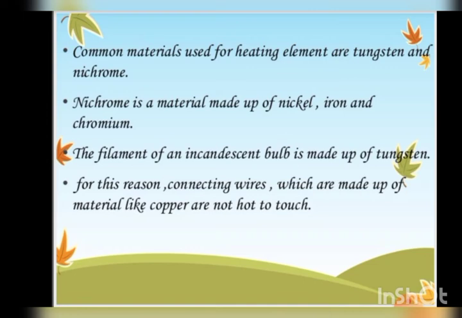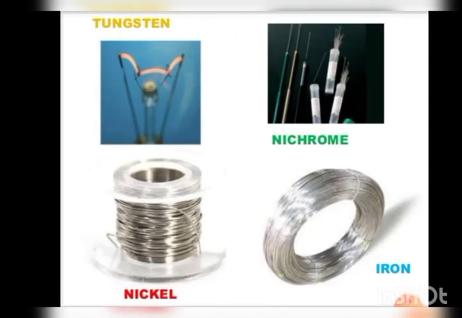Okay, since copper is a good conductor, it passes electric current very easily, and it doesn't heat. That's why it is used in an electrical wire. Okay, these are some diagrams of the tungsten, then nichrome, nickel, then iron. These are the materials used for the heating effect.